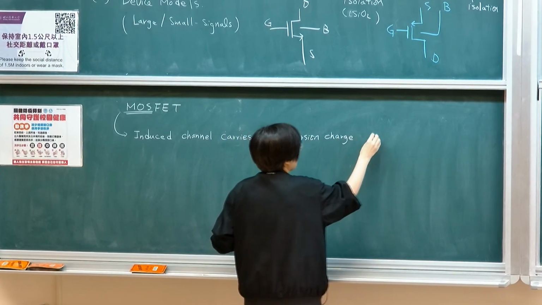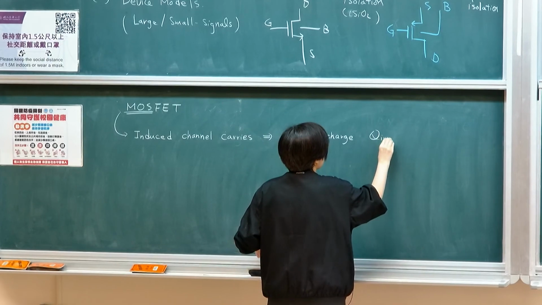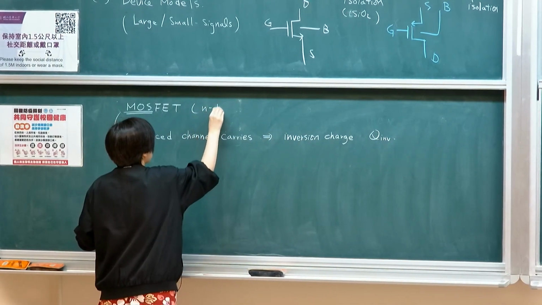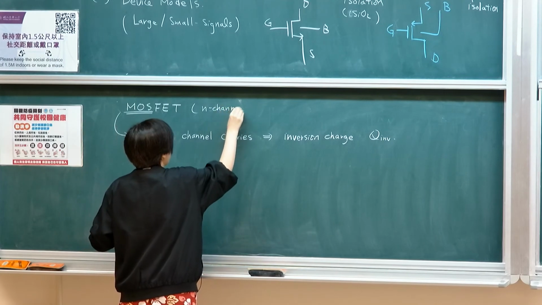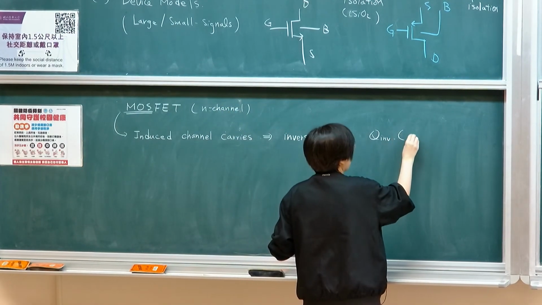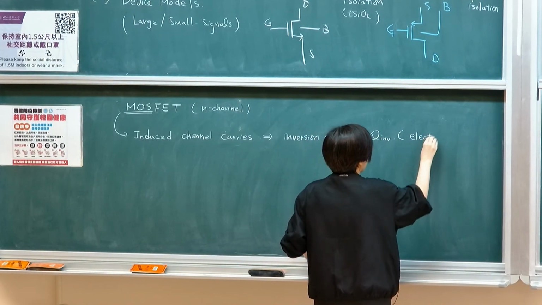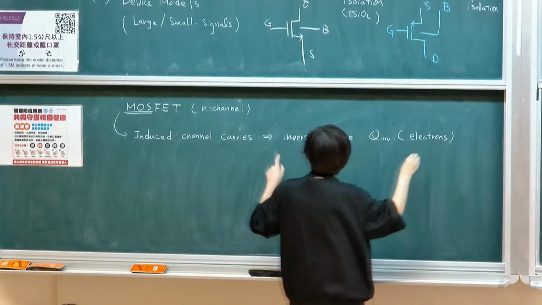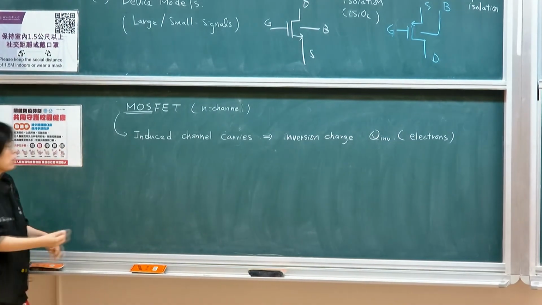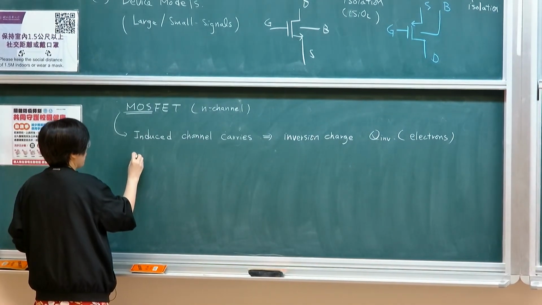Typically, we highlight it as Q inversion. Let's first limit our discussion to the N-channel device. For N-channel, the inversion charge mainly consists of electrons. So first of all, we want to induce charge. The next thing is that you want to make it flow.